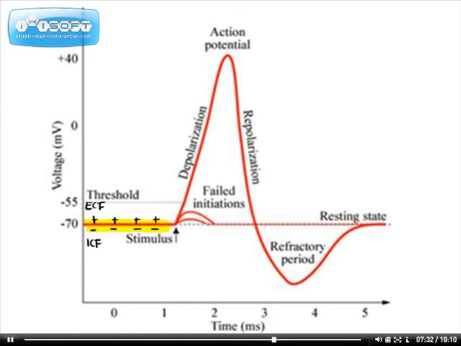Now here you can see something that says threshold. Threshold is a place which a stimulus must reach in order for a nerve impulse to be sent, or for an action potential to be sent. So for example, the stimulus could be something like stubbing your toe.